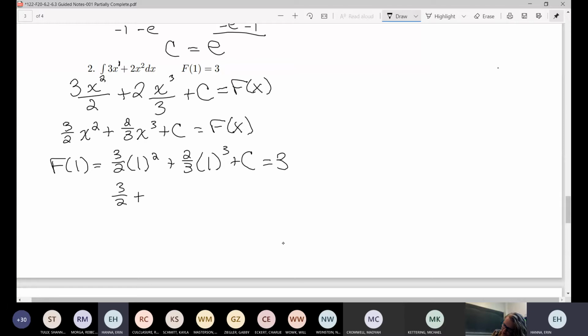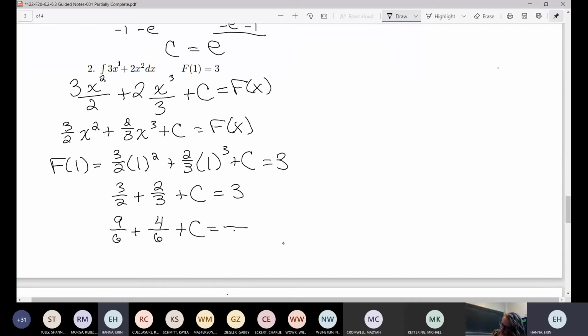We'll get 3/2 plus 2/3 plus c equals 3. So if I have to combine these two together, I'll need a common denominator. Maybe you're a little rusty on that, but we'll have a common denominator of 6. So to change from 3/2 to 6, I have to multiply the top and bottom by 3. So I'll get 9/6. And then to change 2/3 into something over 6, I have to multiply by 2. So we'll get 4/6 plus c.